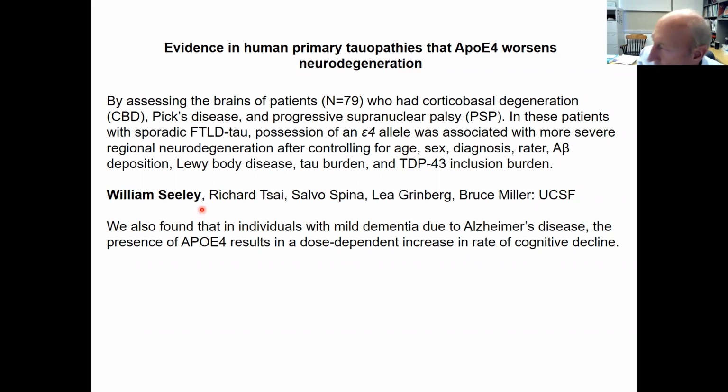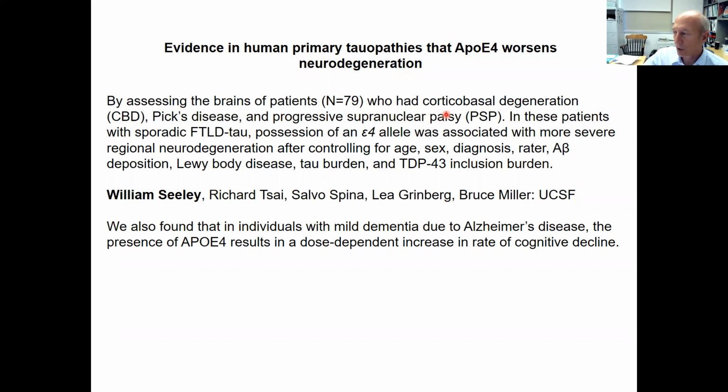We certainly weren't able to answer this completely, but we collaborated with Bill Seeley at UCSF and asked, from a large brain bank of people that died of primary tauopathies like CBD, Pick's, and PSP, if you normalize different brain regions for the amount of tau pathology, was there a difference in the amount of local brain injury in the presence of different APOE alleles? That's pretty much exactly what he found.